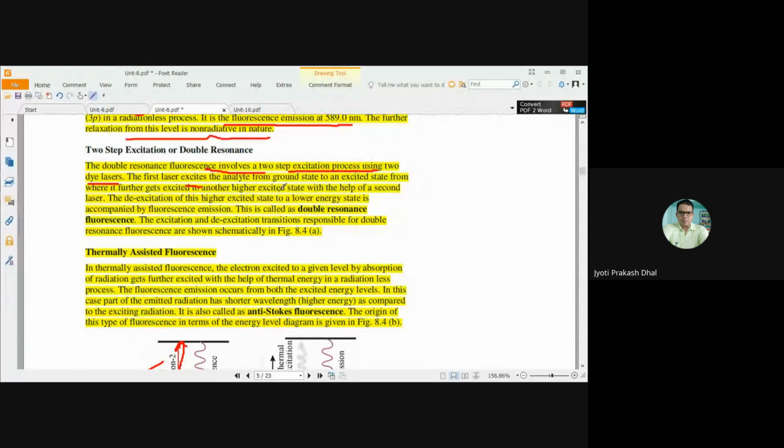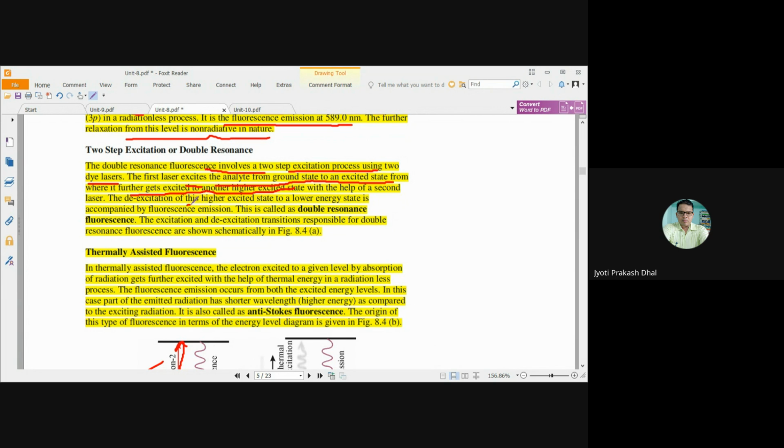The first laser excites the atom from the ground state to an excited state, and with the help of a second laser it gets further excited to another higher excited state.